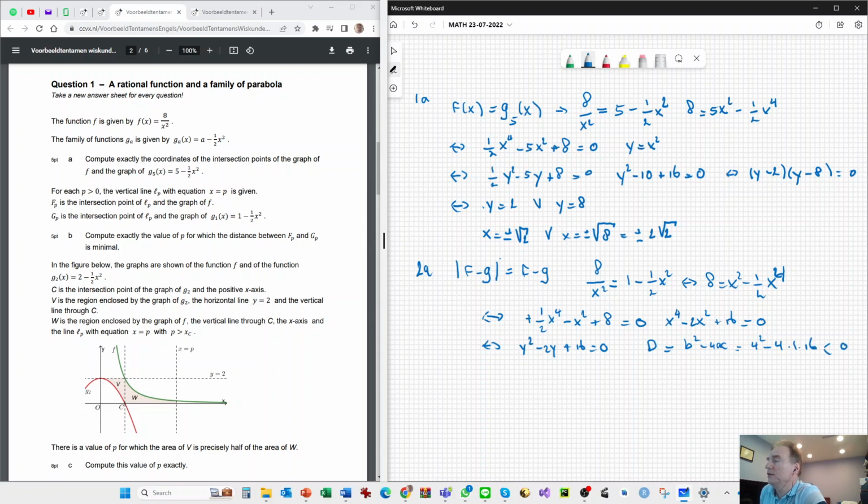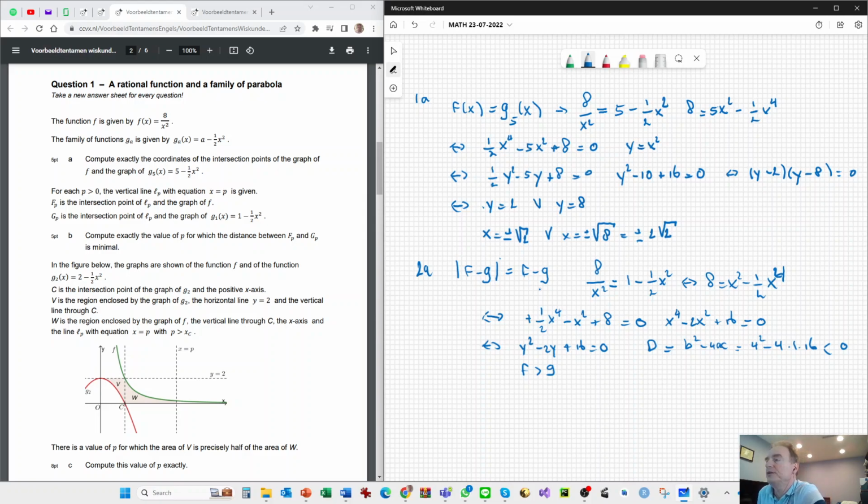Yeah, so this is smaller than 0. So this equation has no solutions, and you can just substitute an arbitrary value, say x equal to 1, and then you find that f is actually greater than g.